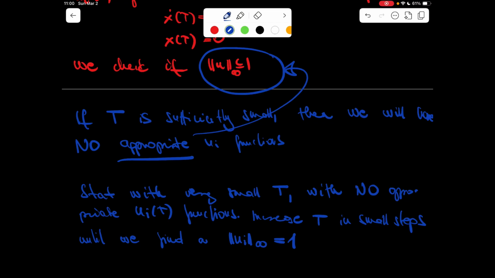Okay. This is all. This is the strategy. And let's follow this strategy and solve the problem.